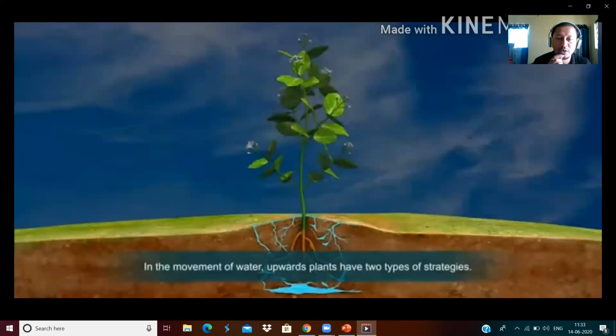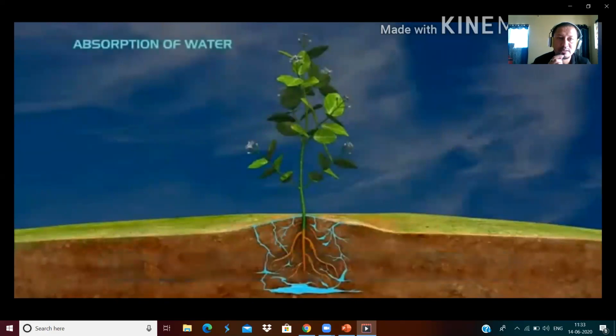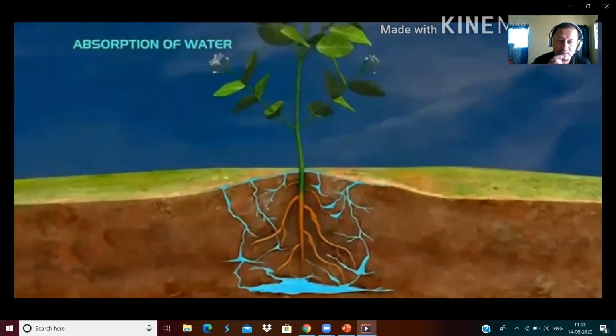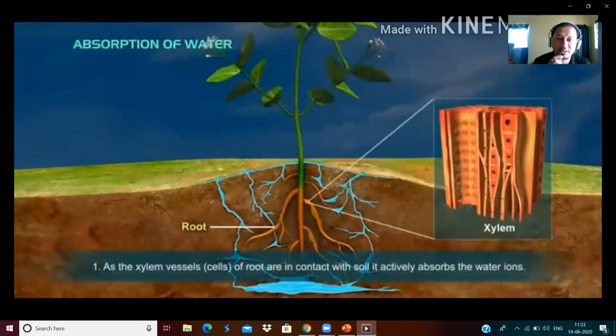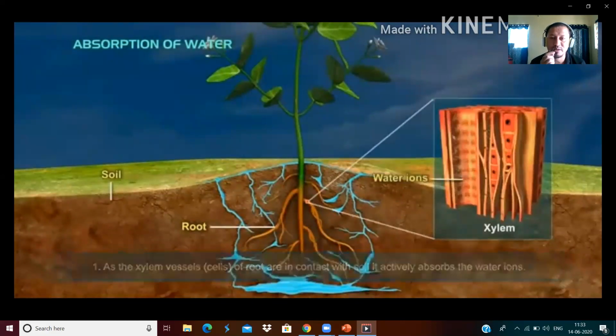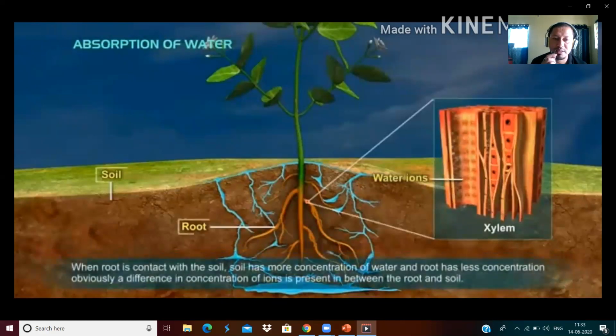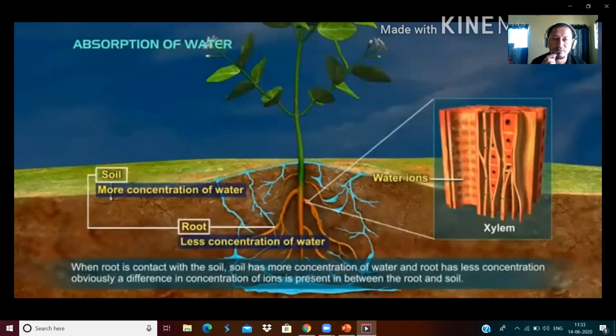Now this movement of water across the plant happens by two strategies. We call the first absorption of water. In the absorption of water, a gradient is formed through the ion concentration, due to the presence of different minerals on the root. So there is more concentration of water outside the root, that is the soil, and less concentration of water in the root.